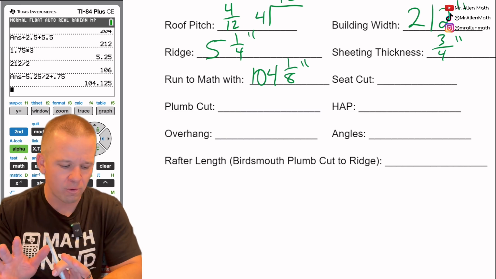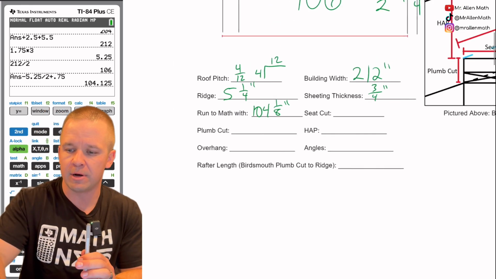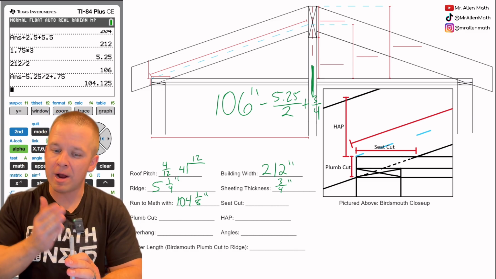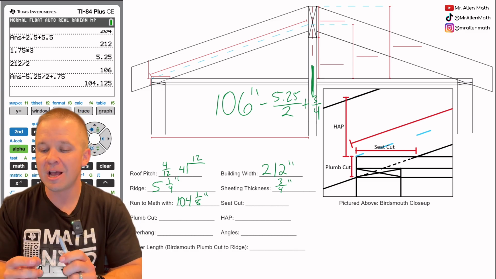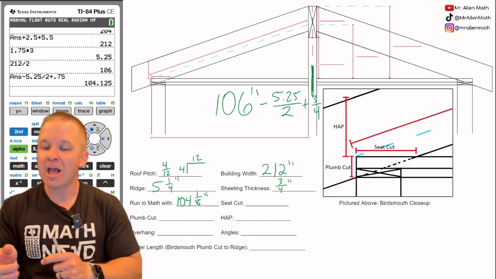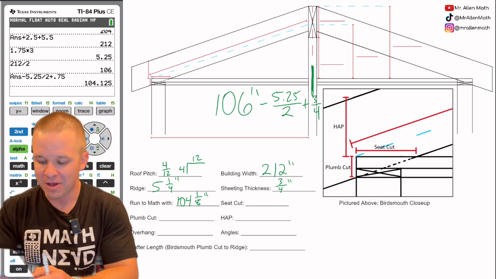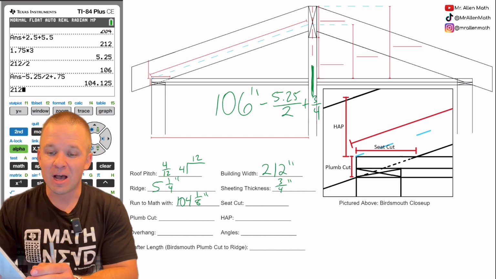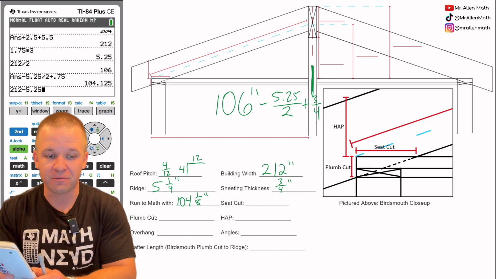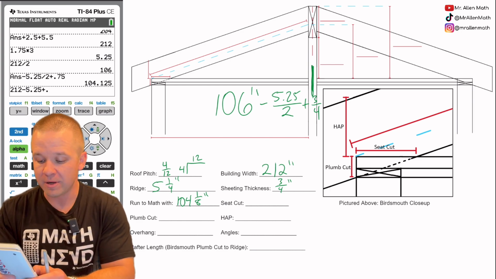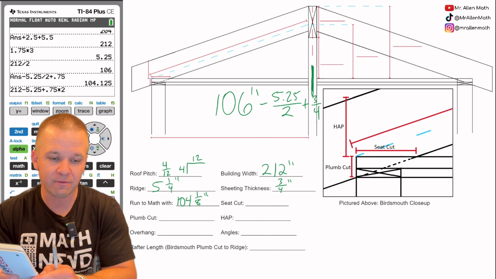I did say there was another way you could go about doing this. Check it out. I could also take my building width, subtract off my ridge, add in my sheeting, and divide everything by 2. So 212, I'm going to subtract out my ridge of 5.25. I'm going to add in both of my sheeting, so 0.75 times 2, or 1.5.